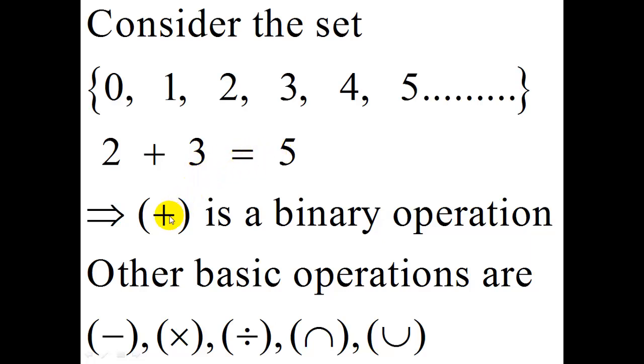In this case, addition is a binary operation, because it is the addition that combines 2 and 3 to give us 5. There are other basic operations, and these are subtraction, multiplication, division, intersection, and union.